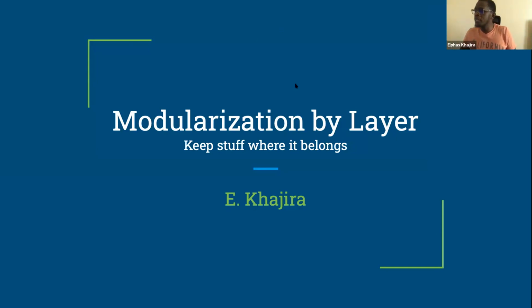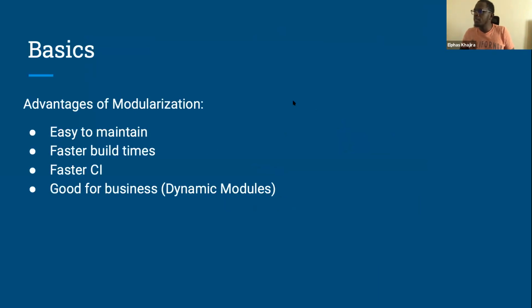So the first question is, why do people do modularization? The first scenario is ease of maintenance. Imagine you're working with around 10 people on the same app, and you have to modify the same code base, probably working on different stuff.